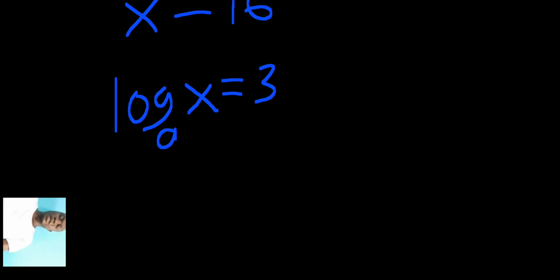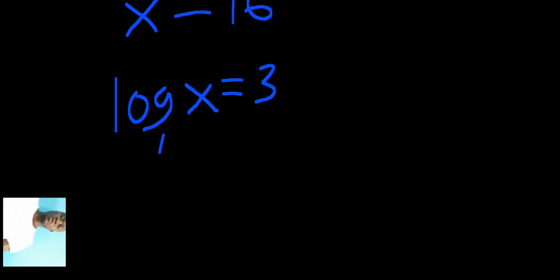Log s is equal to 3. What will you do? If you look at this particular work, you realize that we don't have any number here, which is the base. As soon as you have something like this, if you have a log without any base showing, automatically it's in base 10.